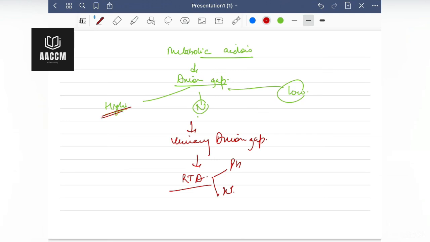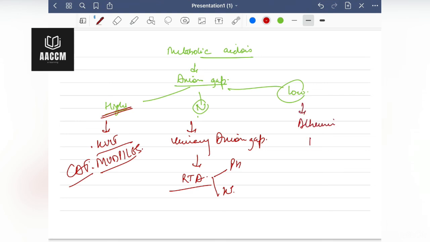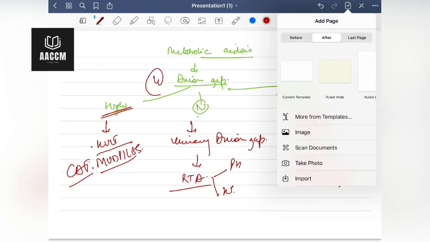If the anion gap is high, we have to remember it as a mnemonic, and if the anion gap is low, we have to see the albumin and we have to calculate the corrected anion gap. Okay, this is step 4.